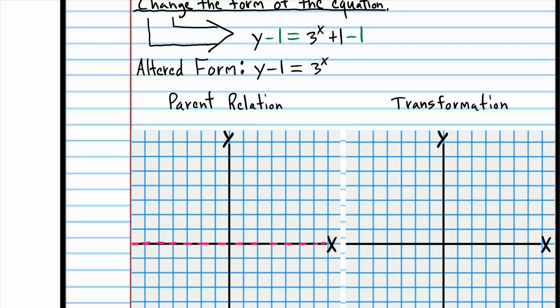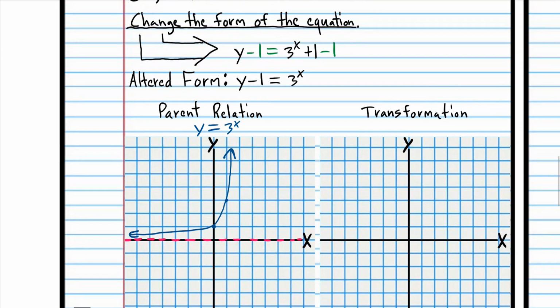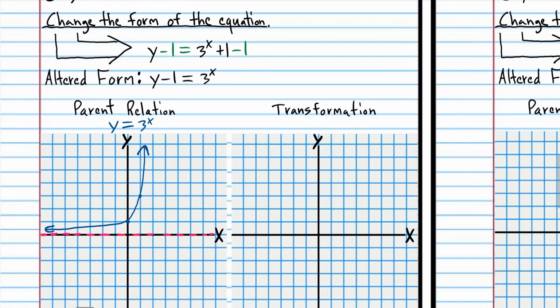Before I forget, let's draw the parent equation first. So we can use this equation to help us. Plug in 0, we get 1. Plug in 1, we get 3. And that's about all we can do for the parent graph.